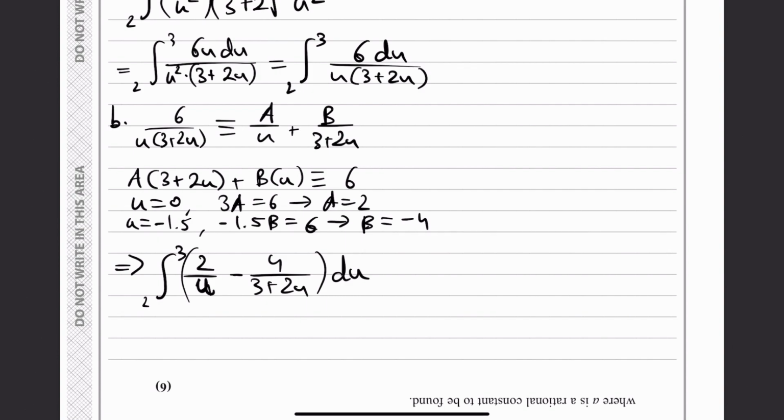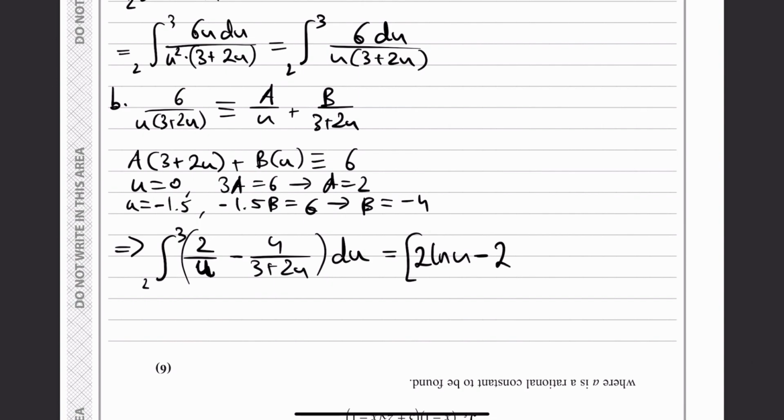Okay, and from here, it's pretty easy to solve because you can just put it into ln, just like that. Oh, but it wants the exact value. All right, so this is just going to be 2 ln u minus, and then 4, if we do the u sub, it's going to become 2. So minus 2 ln 3 plus 2u. Like so.